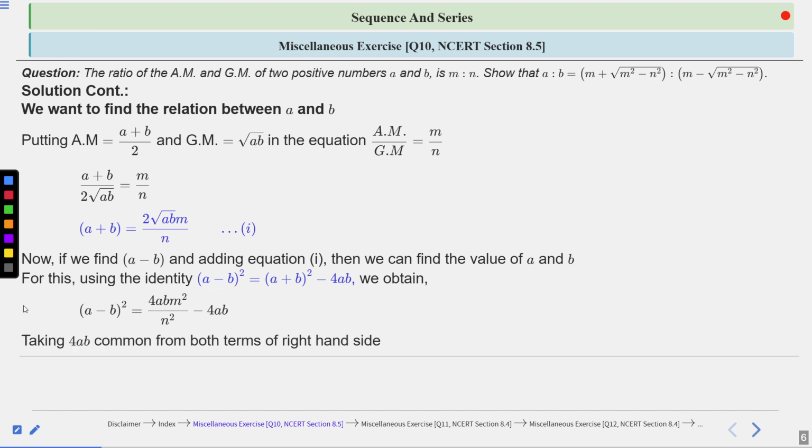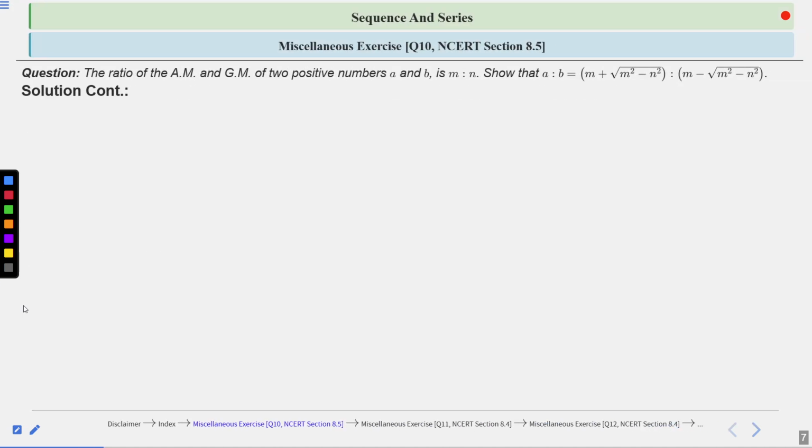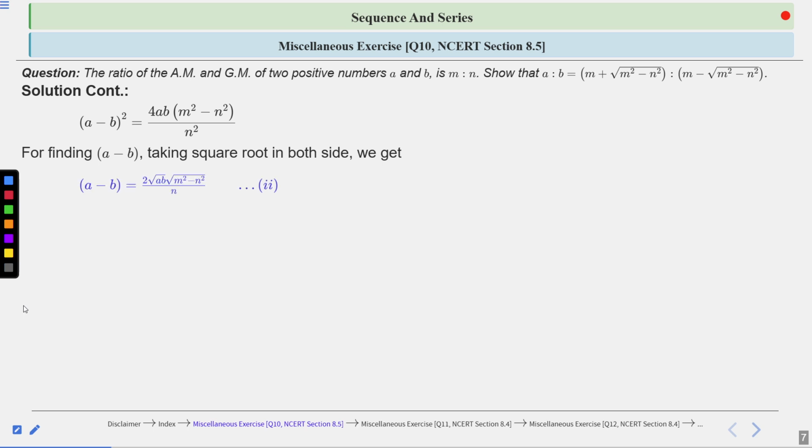Now, taking 4ab common from both terms of the right hand side, we get a minus b whole square is equal to 4ab into m square minus n square upon n square. For finding a minus b, taking the square root on both sides, we get a minus b is equal to 2 root ab root over m square minus n square upon n. Let us assume this as equation 2.